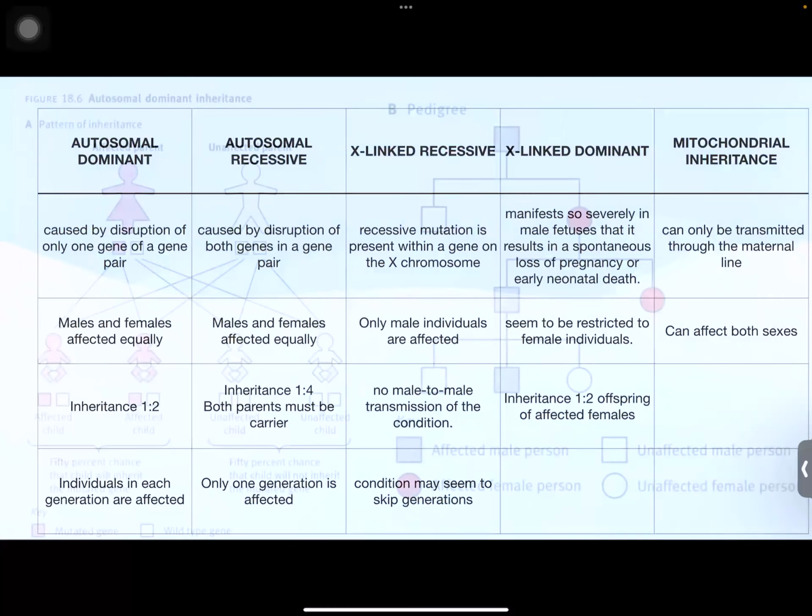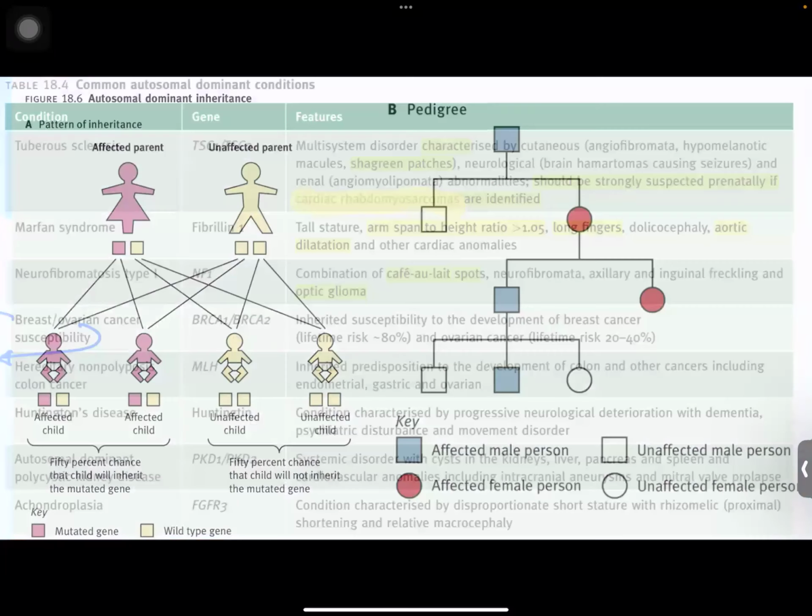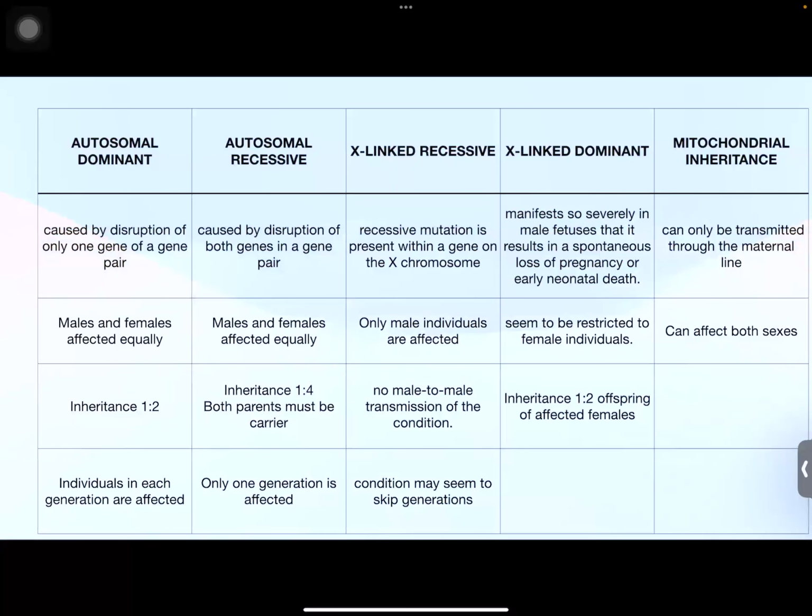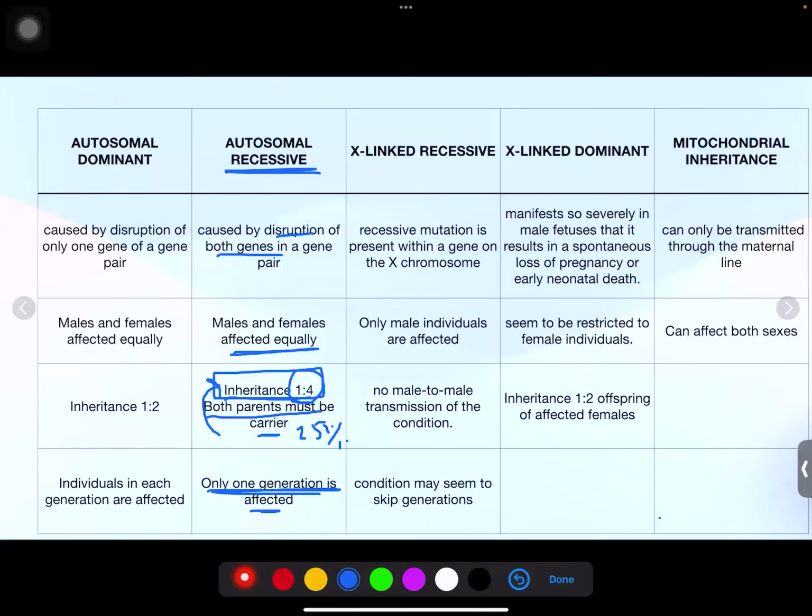So what happens in X-linked recessive? X-linked recessive means the disease pattern is on the X chromosome. So a recessive mutation is present within a gene on the X chromosome. The female has 2 X chromosomes, and the male has 1 X chromosome.